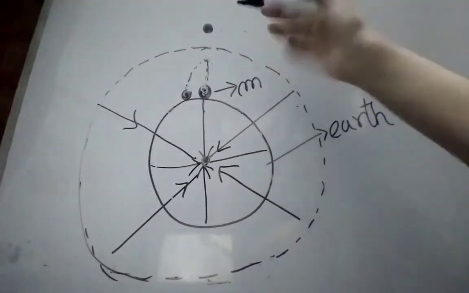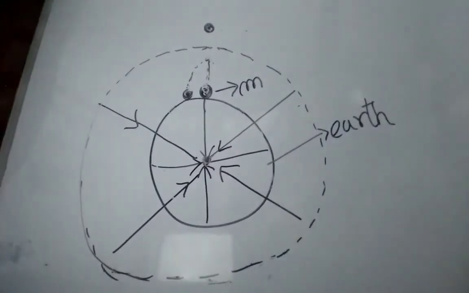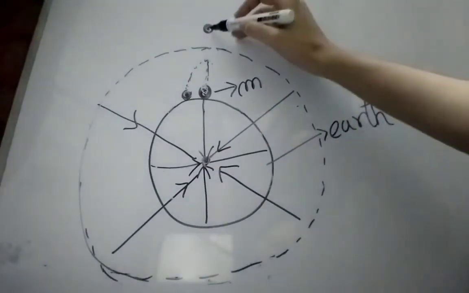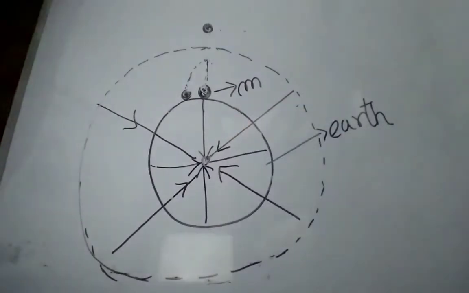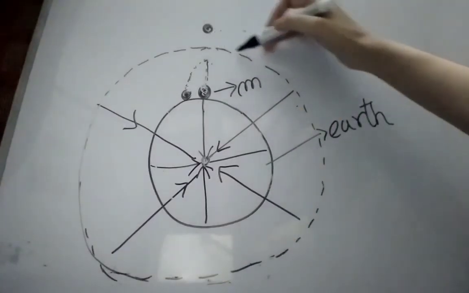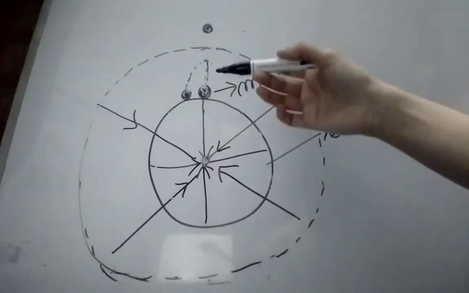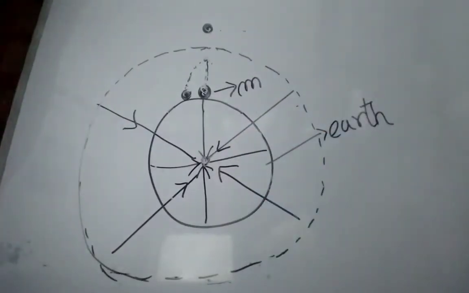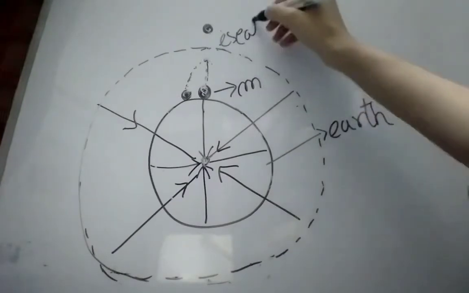That is, this object will no more be attracted towards the center of the earth. So the velocity by which we can throw any object beyond this dotted line to escape the effect of this gravitational pull is known as the escape velocity.